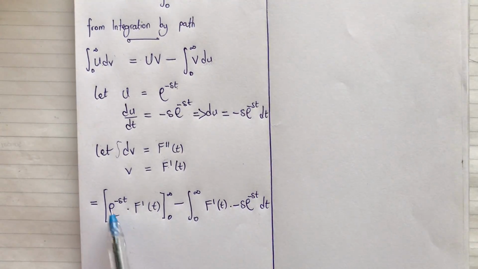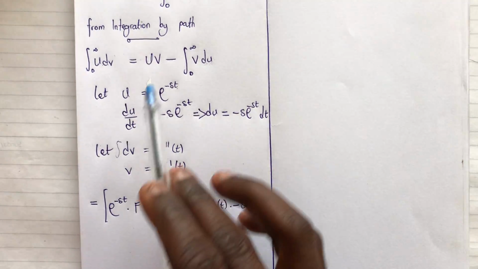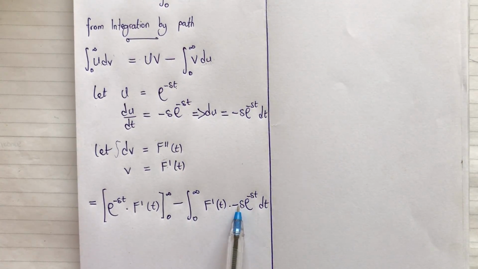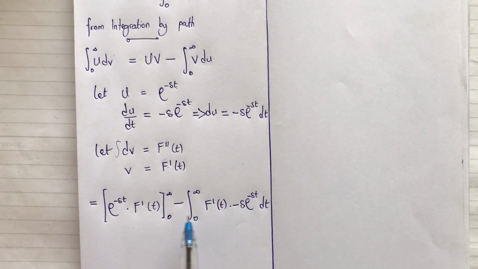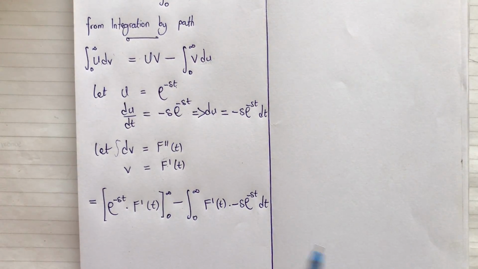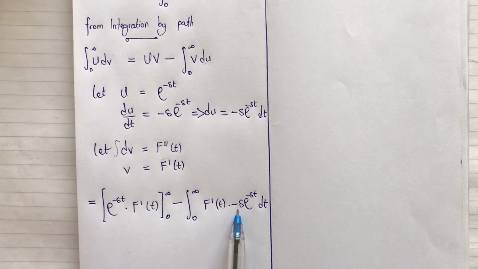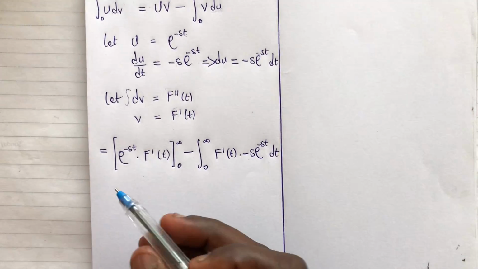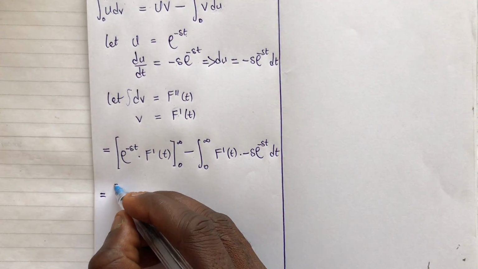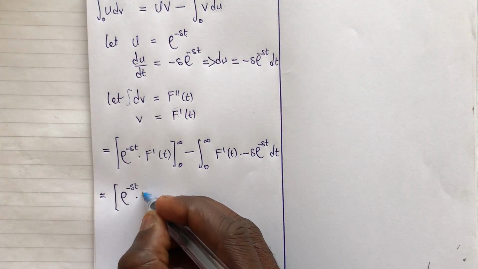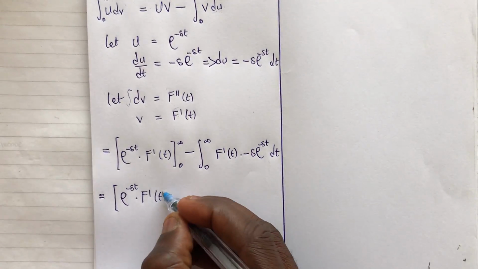So now this is the result after substitution. What is the next thing you need to do? We have to look through. When you look here, we have negative s here. We can factorize it out. All right, so when we factorize it out, we are having plus s and then the remaining function. So we can rewrite this by saying this is the same as e^(-st) times f1 of t.